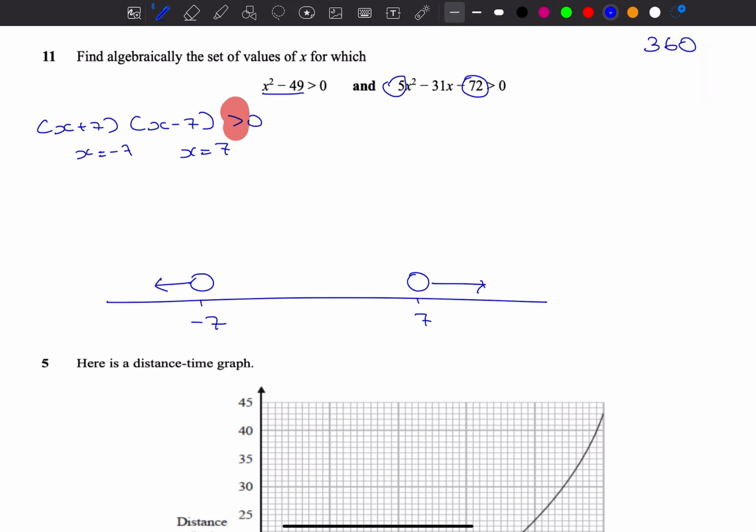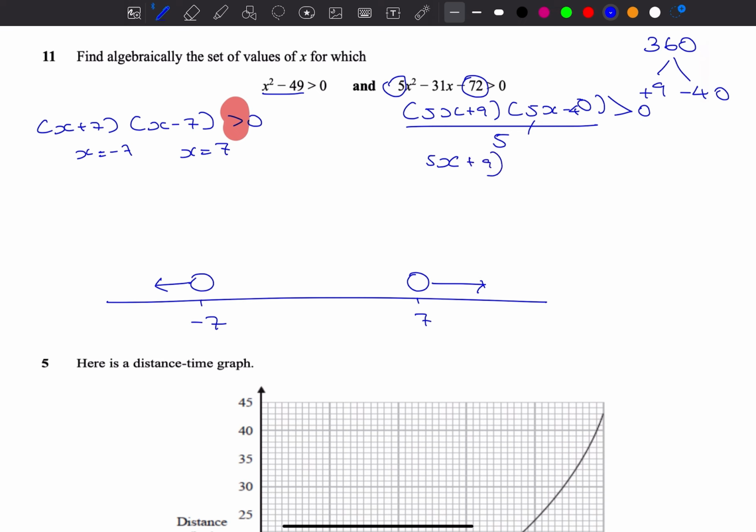Divided by 24, not really. 15, 20, no, that's not the same thing. 12, how about 9 maybe? 40, 9 and 40, that's the one. 9 times 40 is 360, minus 40 plus 9 to make minus 31. 5x plus 9, and the other one is 5x minus 40, greater than 0. Divide everything by 5.